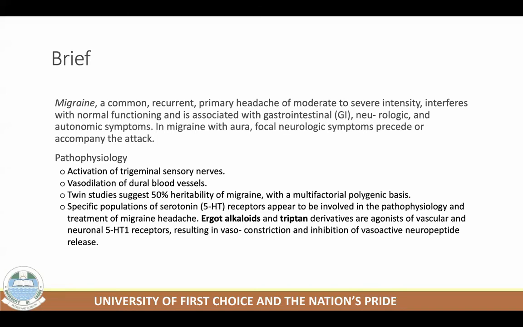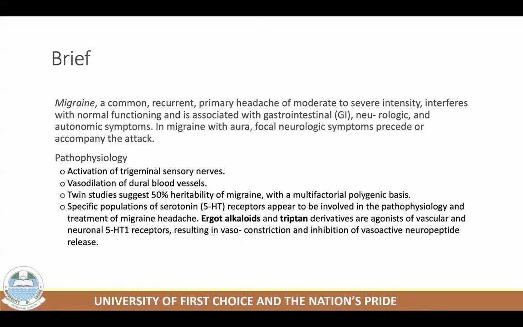Maybe fewer have heard of triptans, but definitely a lot of people would have heard of ergot alkaloids. These are agonists of vascular and neuronal 5-HT1 receptors. And what they do, once they are taken in, is result in vasoconstriction along the pathophysiology of a migraine.